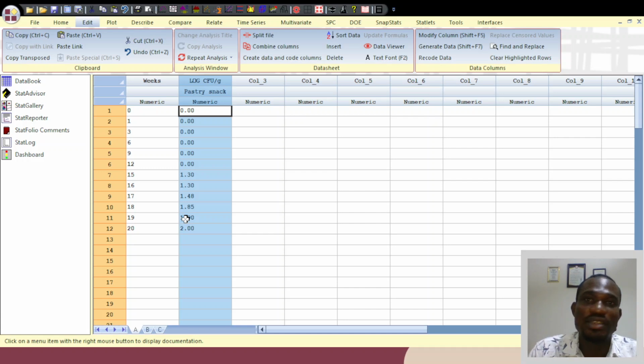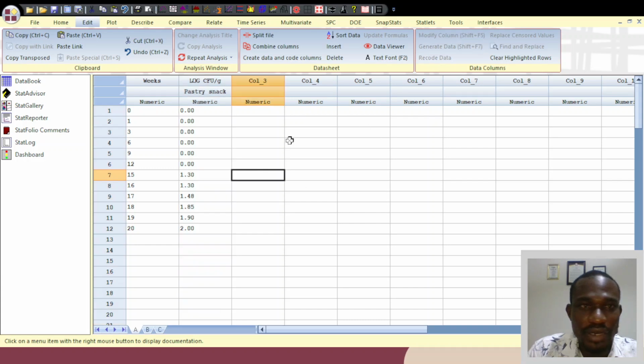In other products, they may be different. So if it should not exceed 1 times 10 to the power 4, then when I convert that to log CFU units, it's going to be 4 log CFU. Those calculations could be done elsewhere.